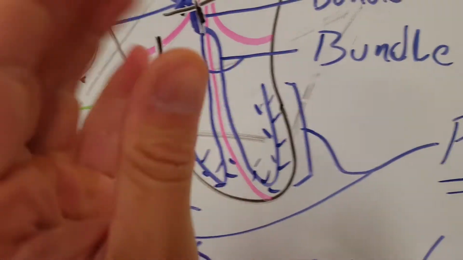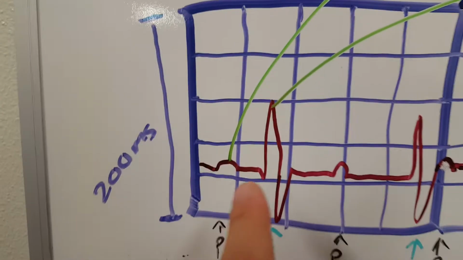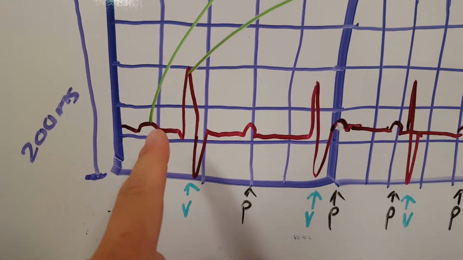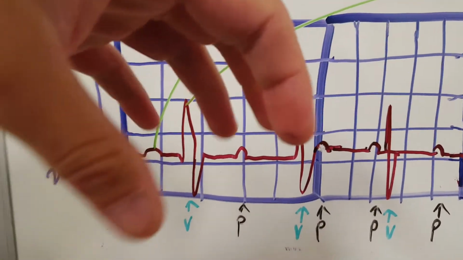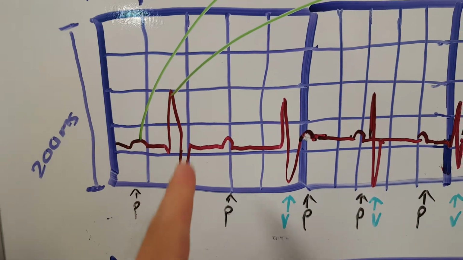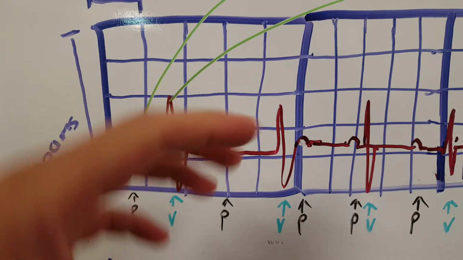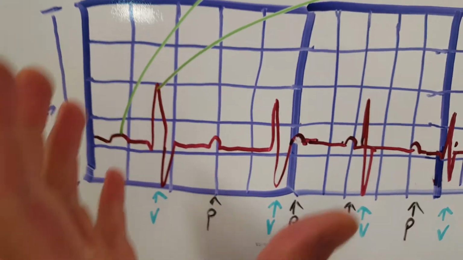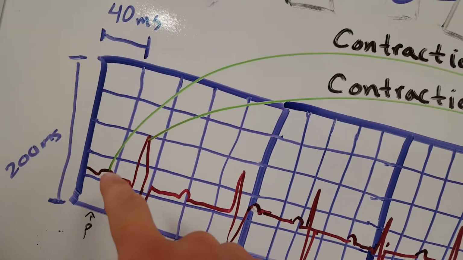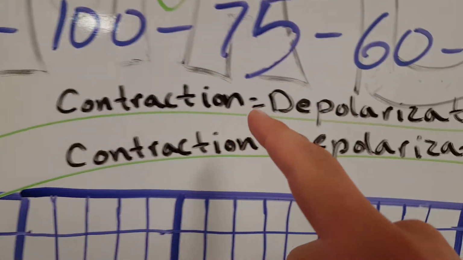So they're squeezing. To make it simple, the P wave means that your atriums are contracting or squeezing down, and the QRS means that your ventricles are squeezing, they're contracting. So contraction. I kind of drew a little line. So P waves mean contraction.